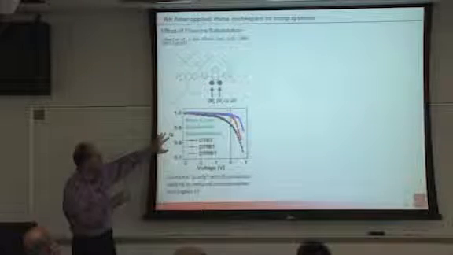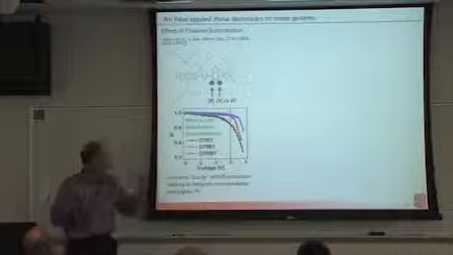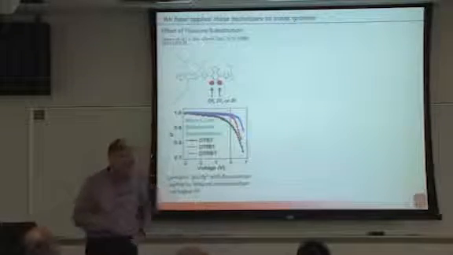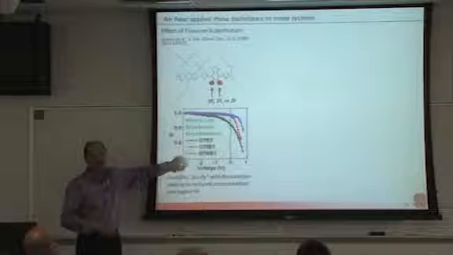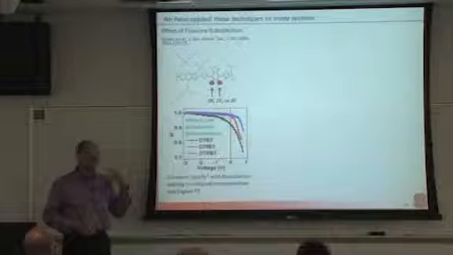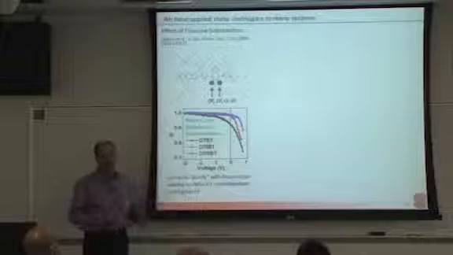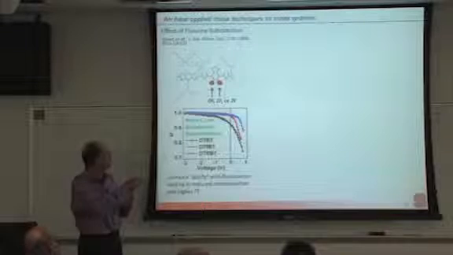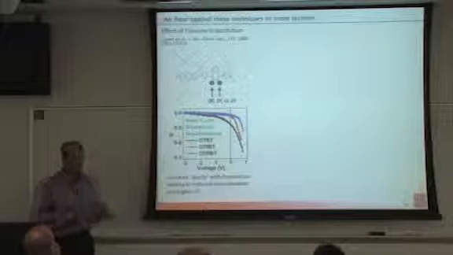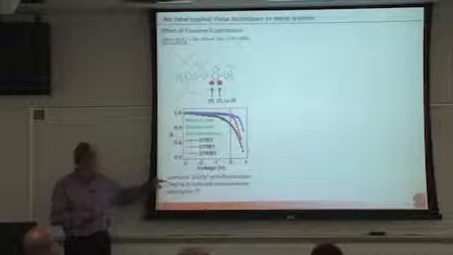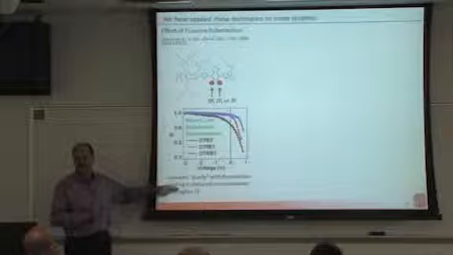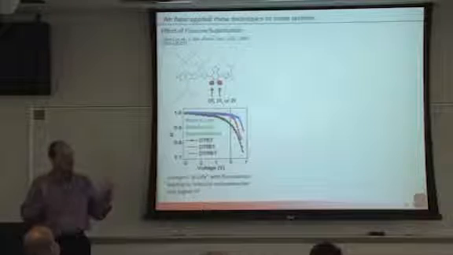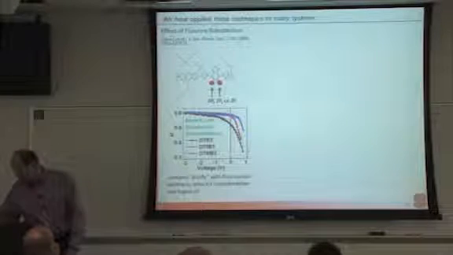Okay, and so you see that the blue one here is the closest to 1, and that tells you that you have the least amount of bimolecular recombination. You see there's a systematic evolution with the fluorine content. We measure the purity from the scattering, and we find that putting fluorine on there decreases the miscibility and improves the purity of the domains. So more pure domains, less bimolecular recombination, which is what you would expect.